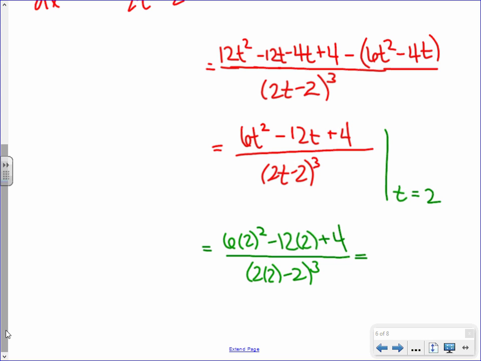We have 24 minus 24 plus 4 over (4 minus 2) cubed. What kind of number is that? Positive. Are we concave down? No, we're concave up because our second derivative is positive.